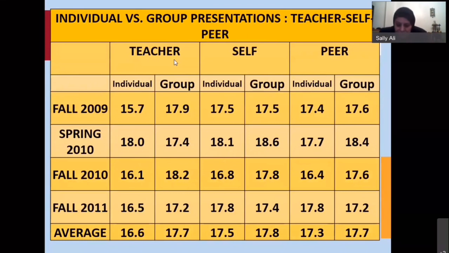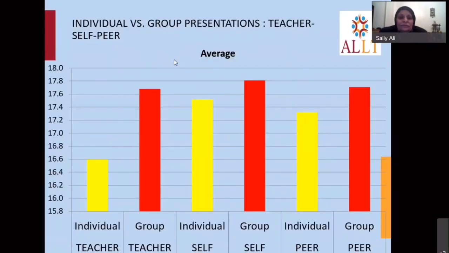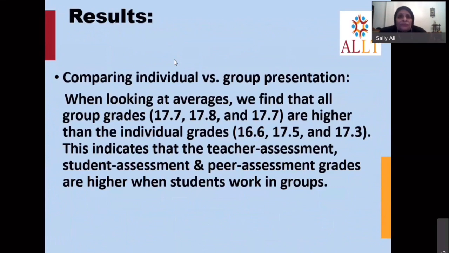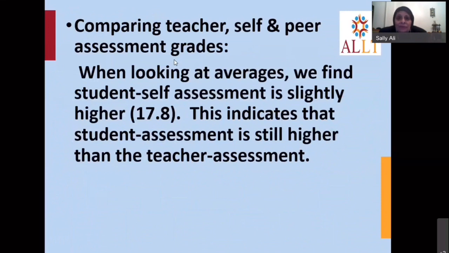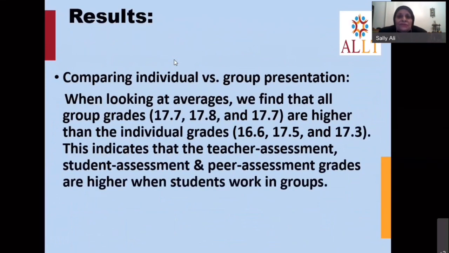We notice that the student self-assessment is higher even than the teacher. Now, if we compare the results between individual versus the group, when looking at the averages, we will find that all group grades, 17.7, 17.8, and 17.7, are higher than the individual ones: 16.6, 17.5, and 17.3.